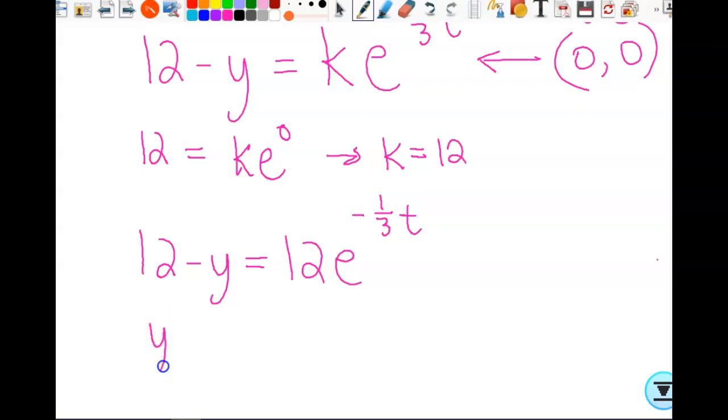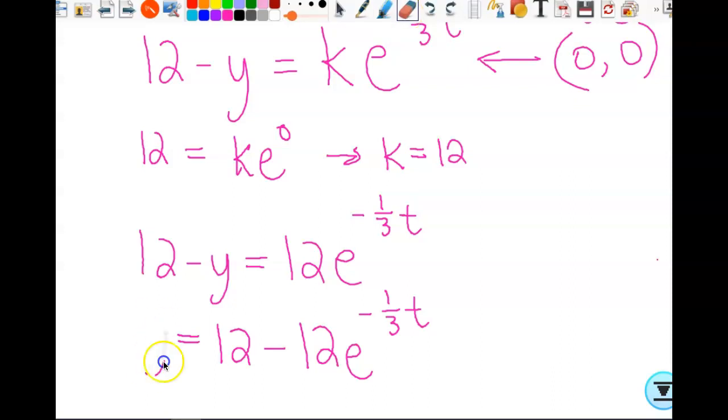Either way you do it, y equals 12 minus 12 e to the negative 1/3 t. Is that right? Okay, clearly I can't do two steps in one. You did it correctly. Oh, I did?